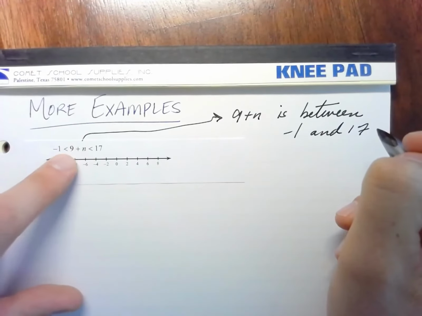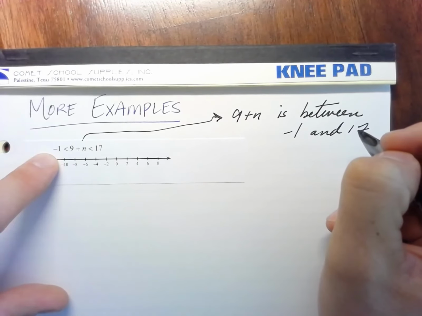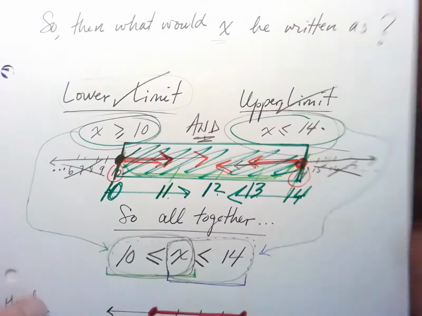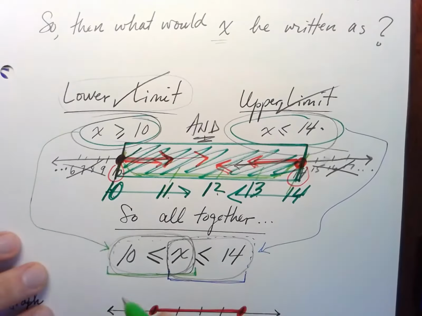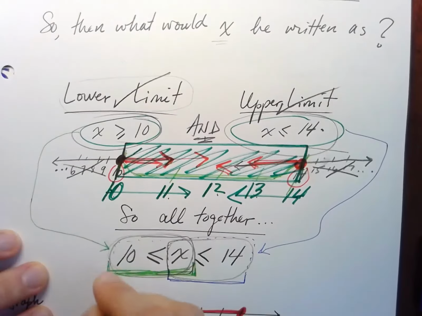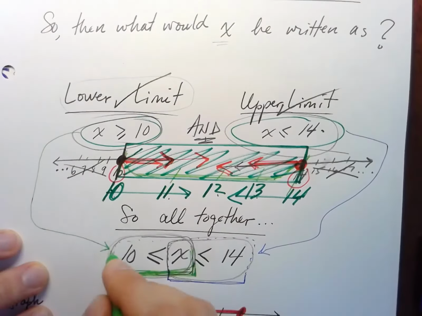That's what this is saying. 9 plus n is in between -1 and 17. So we can do this just like we did with the age example. Notice that what I had here is I had this little green section, right? I had this little green section was one of my inequalities, right?